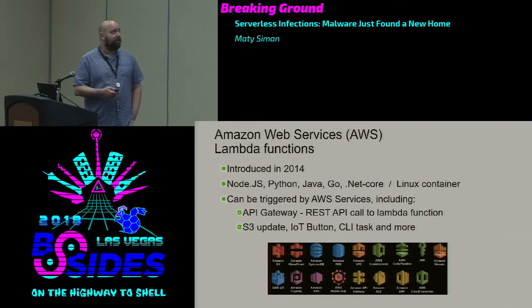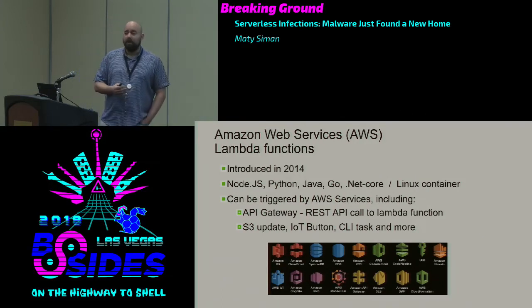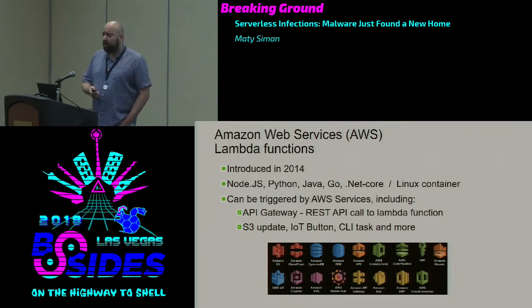We can see all the services here, but you can use as a trigger the S3 update, or pushing an IoT button, CLI task. A lot of people use CodePipeline for DevOps. So it's really nice to have all these triggers wired into the functions.